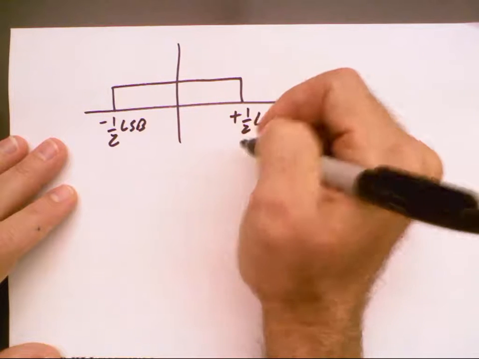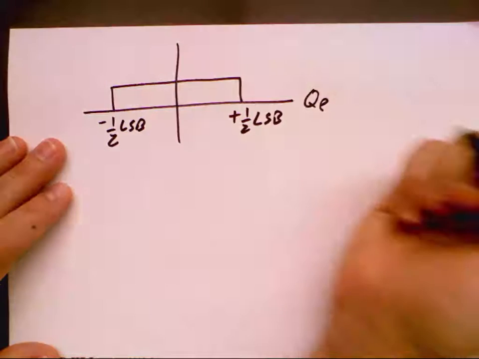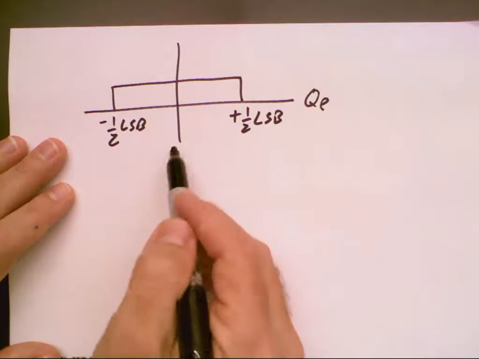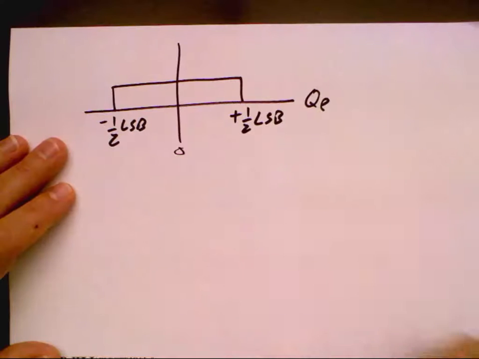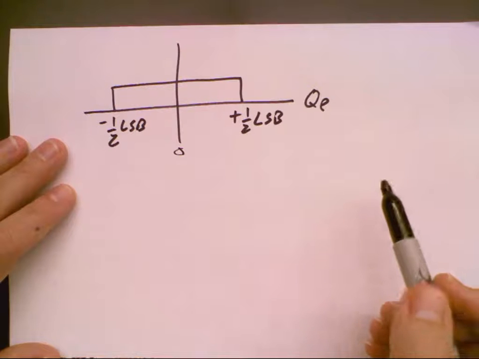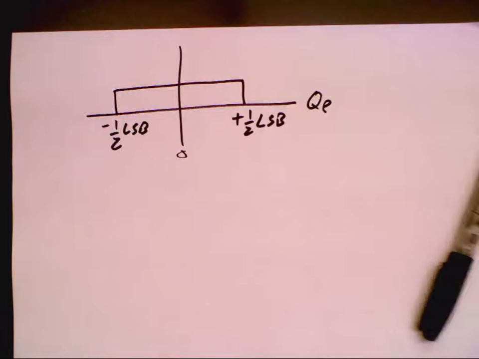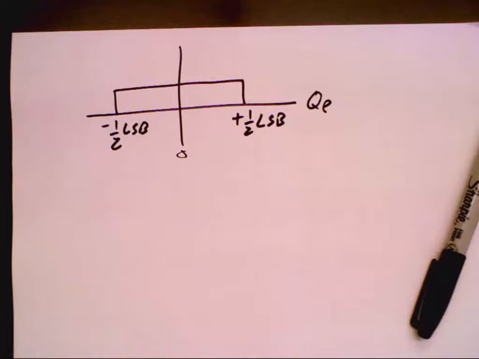What's the average? Wait, what is the average? 0, right? And that's the reason we shifted the quantization error, okay? All right. Any questions? How's that homework looking there?